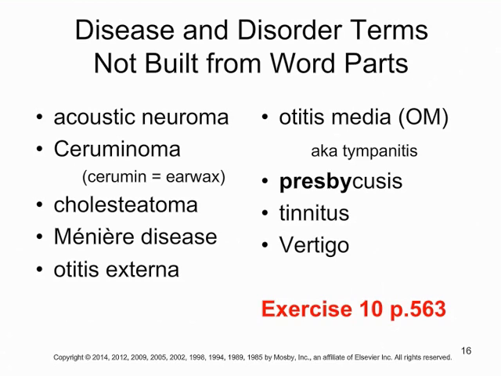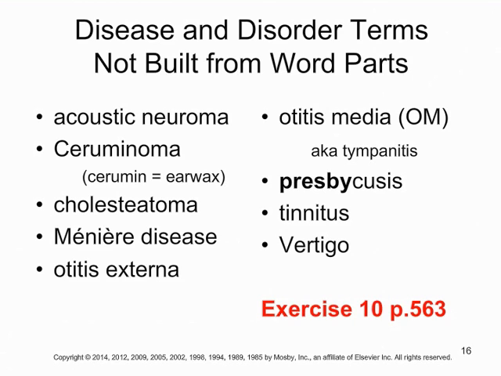This is the list of diseases not built from word parts. Again, it's pretty short. The first is acoustic neuroma, and it kind of looks like it's built from word parts. If you remember, oma means tumor, and neuro means nerve.